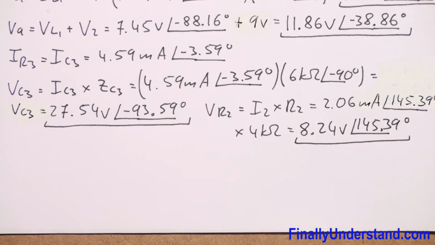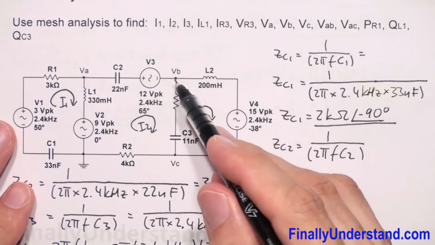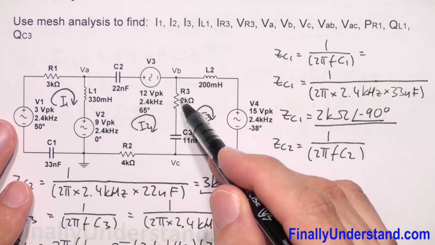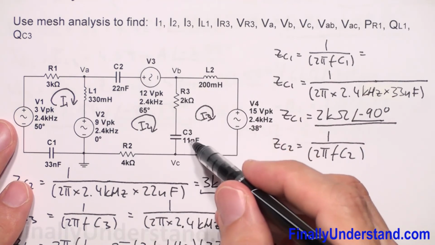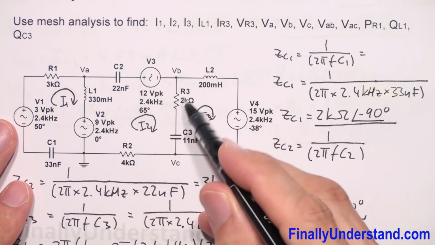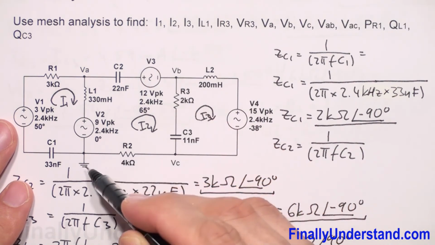So now, in order to find the voltage VB, I have to simply add these voltages. I mean, VR3 plus VC3 plus VR2, because they are on my way to reach the ground.